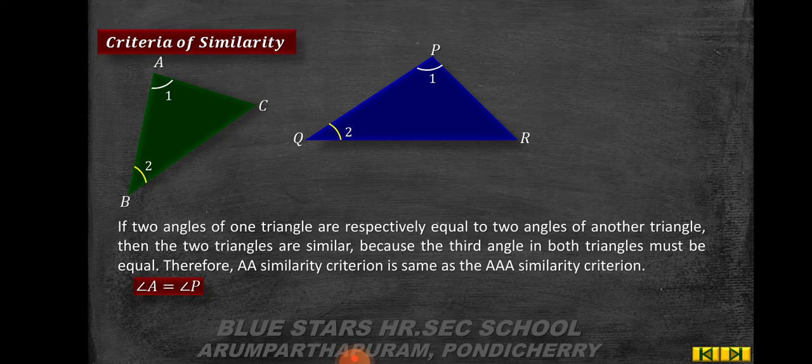Therefore, this is the AA similarity criterion. So angle A is equal to angle P, and angle B is equal to angle Q. Therefore, triangle ABC is similar to triangle PQR.